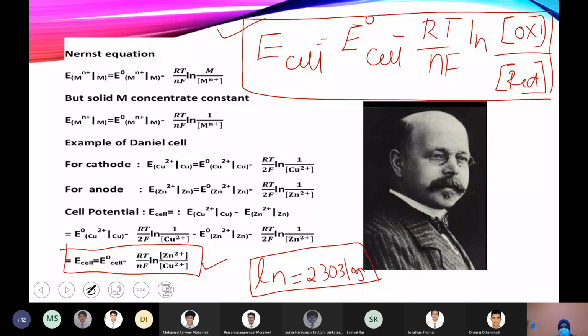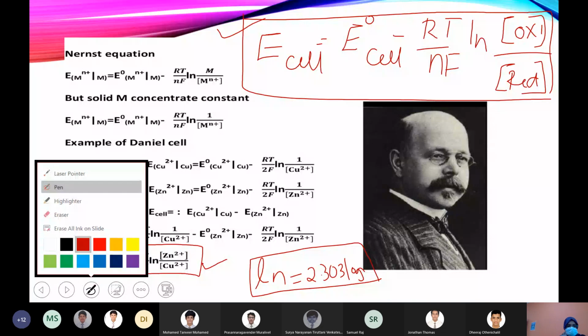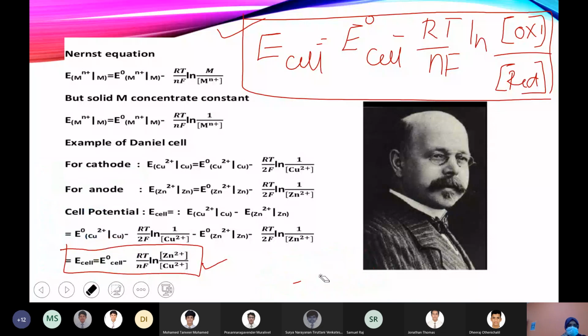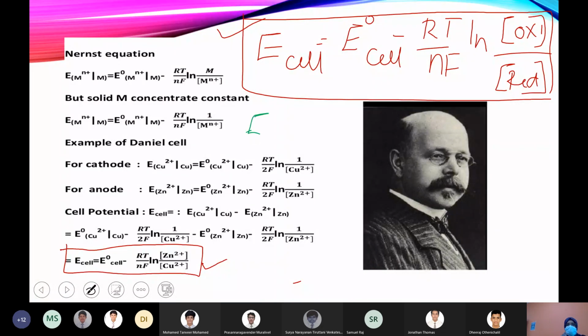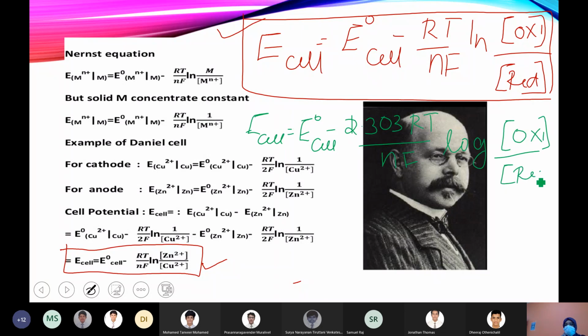The equation will change. I will rewrite the same equation here. E cell is equal to E0 cell minus 2.303 RT by nF log of the concentration of oxidized species divided by the concentration of reduced species.